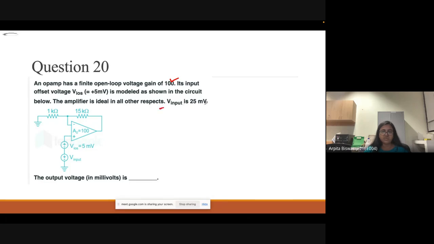V input is 25 millivolt is also given. So you have to find out the output voltage in millivolt, for practical purposes. Take your time.